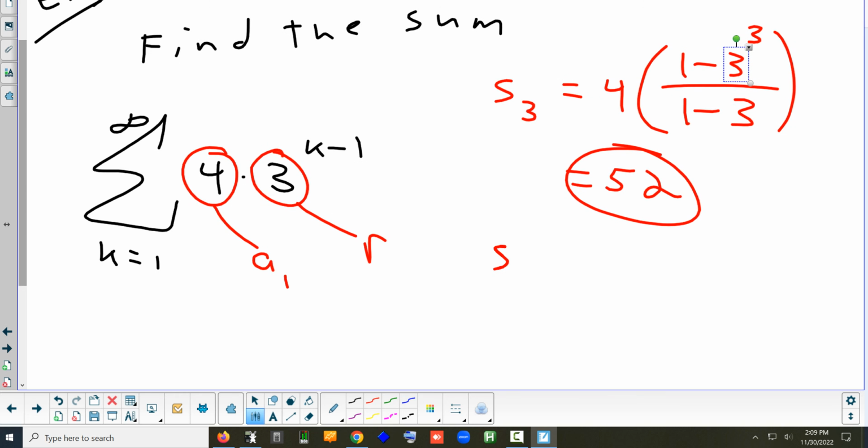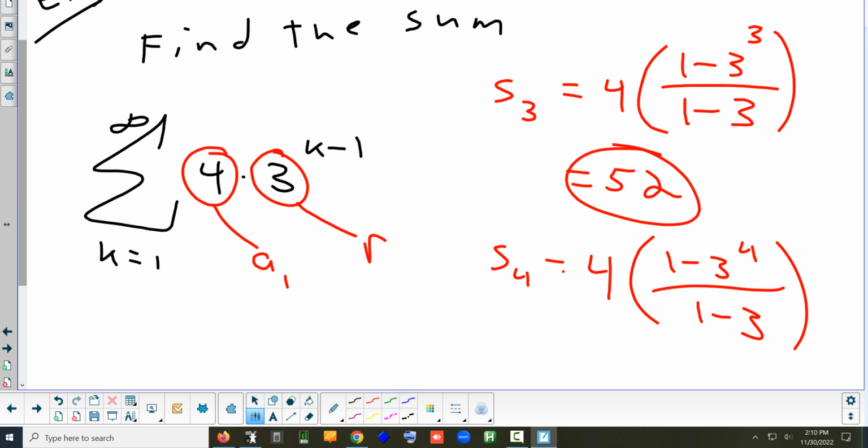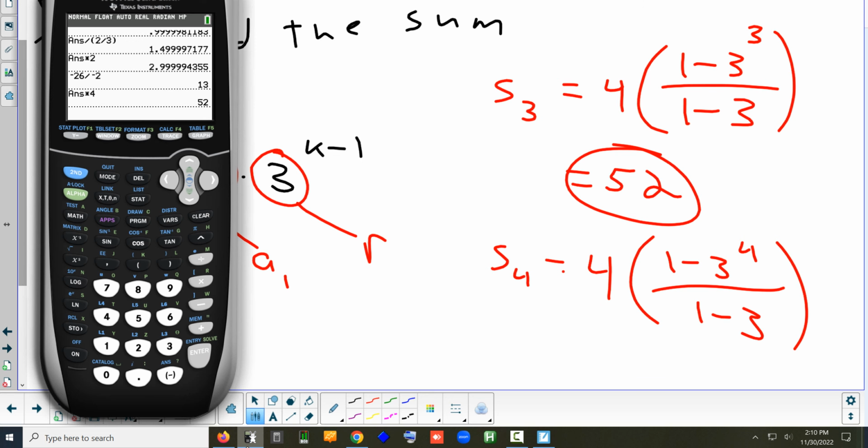Let's add up the first 4. It's going to be the exact same formula I had up above, except what's going to change? Make my exponent a 4. Just going to use the calculator.